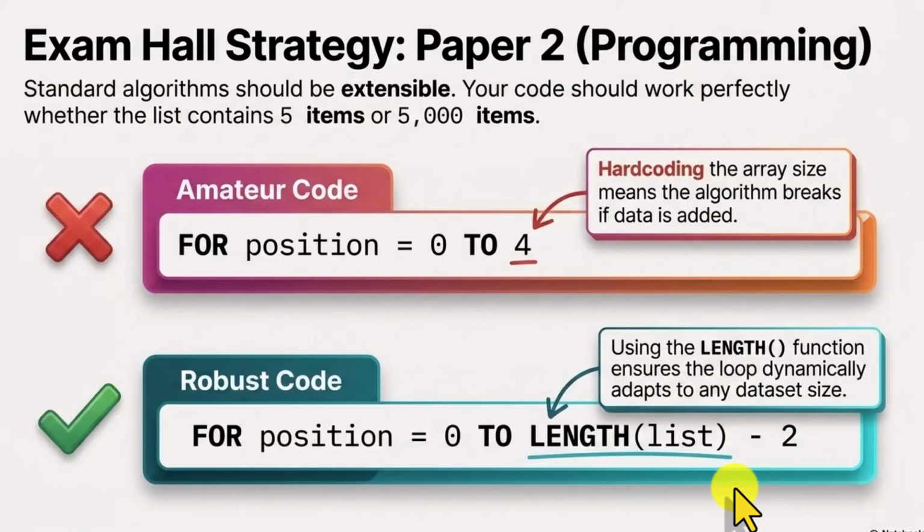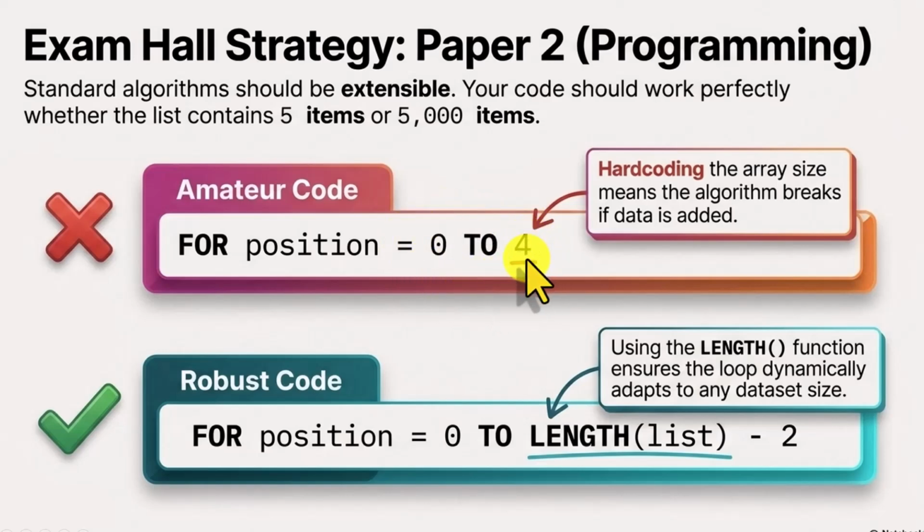Then in programming, a standard algorithm should be extensible. It means if the amount of your data increases, your algorithm should still work. So you should not use hard-coded numbers there, but use the length function, things like that. Now for pseudocode, in programming languages you will have different things. So see here, position from 0 to 4. See, this is hard coded.